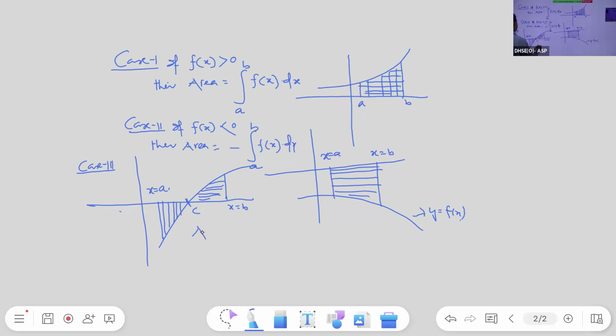So required area is equal to minus integral a to c f of x dx, that in the interval a to c curve lies below x-axis, and plus integral c to b f of x dx. Right? I hope it is clear to you.